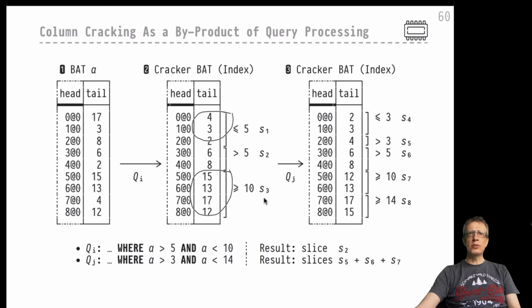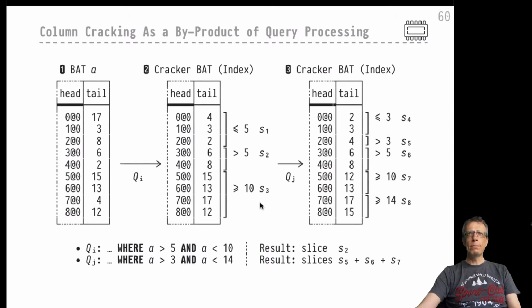We've built a slice S3, but as you can see, inside slices S1 and S3 we do not bother, we do not sort stuff. And well, yeah, that's the side output of our selection evaluation.